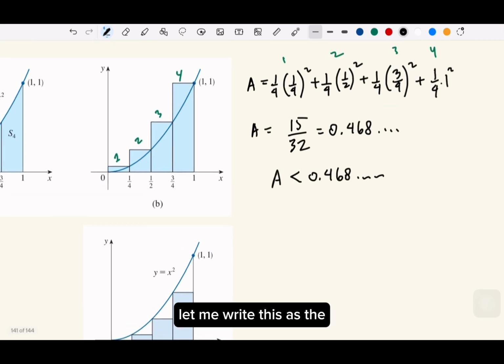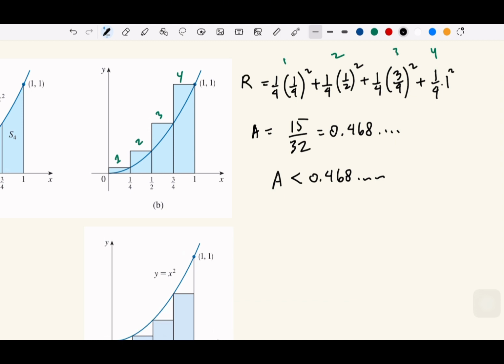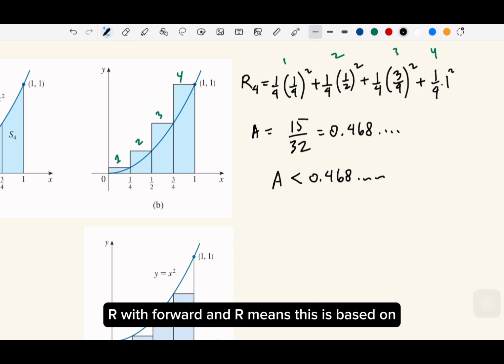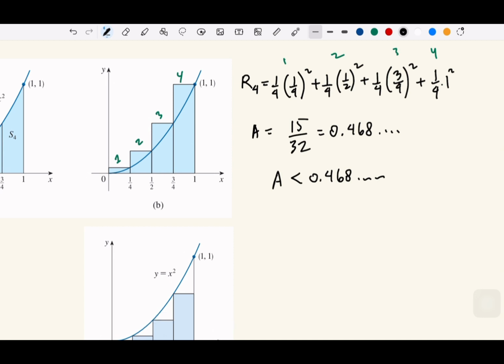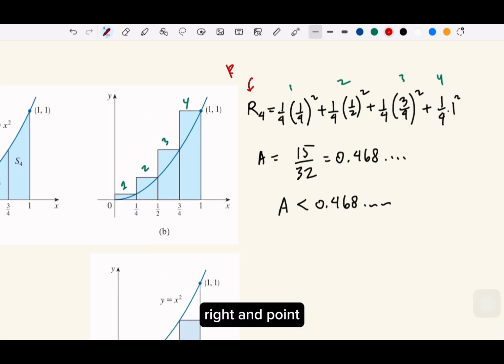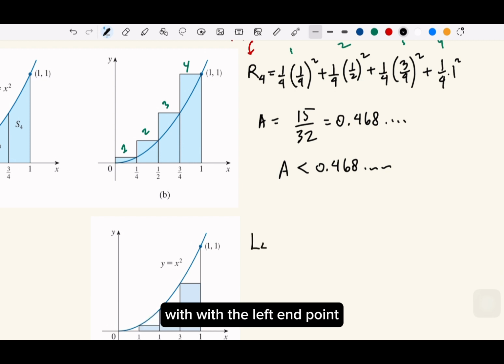Let me write this not as A, to make clear this is A or R. R with 4 rectangles. R means this is based on the endpoints on the right. This is endpoints on the left, that's touching the curve. Okay. This means right endpoint. So we do the same thing with this, but with the left endpoint.